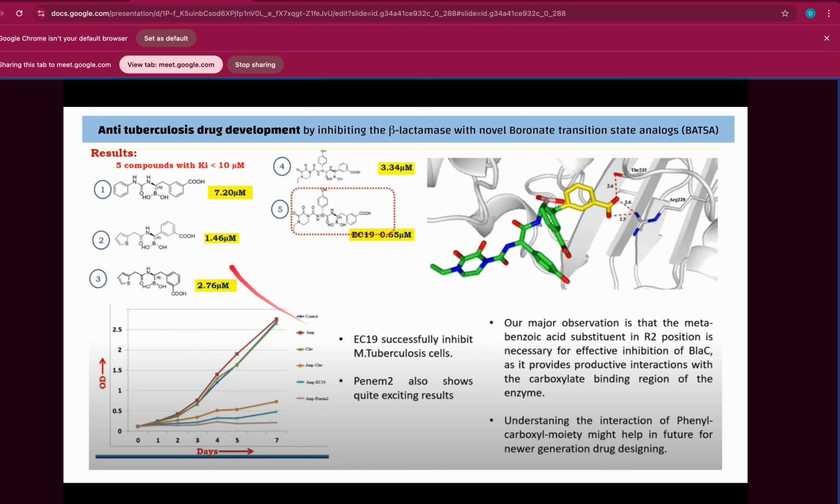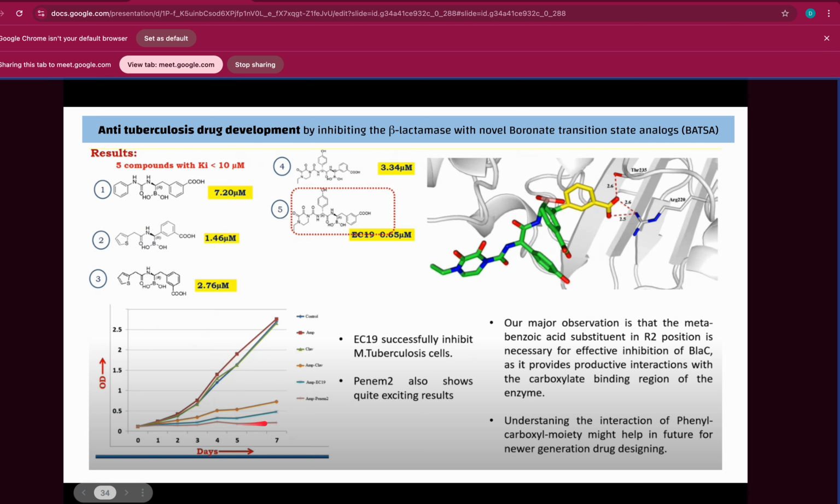And this is the example where different compounds were tested, out of which EC19 was the one which is more effective with less concentration; at 0.65 micromolar it was effective. And other than EC19, another one was PENM2, which is also showing better results. So OD means absorbance, that means how many cells are present, and this is the days.